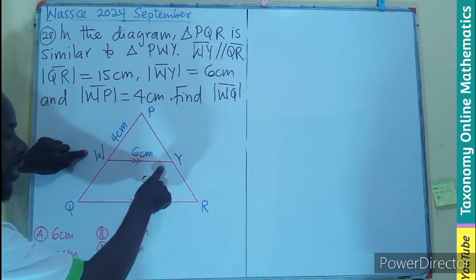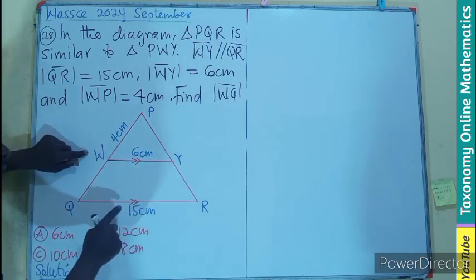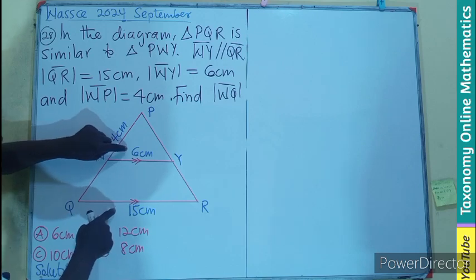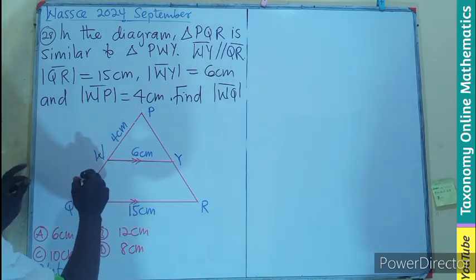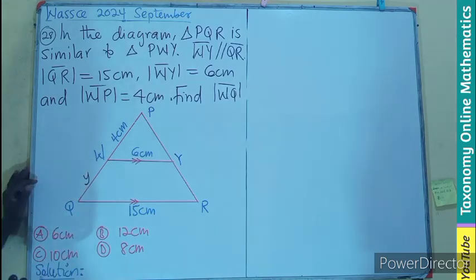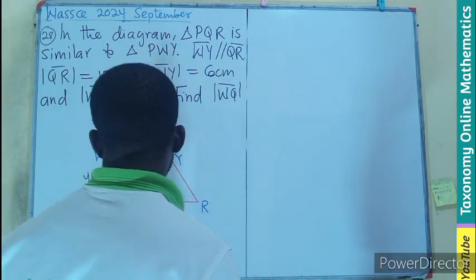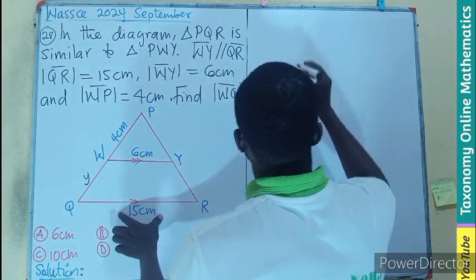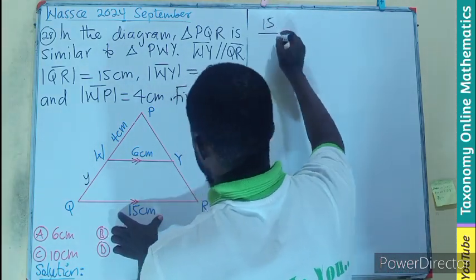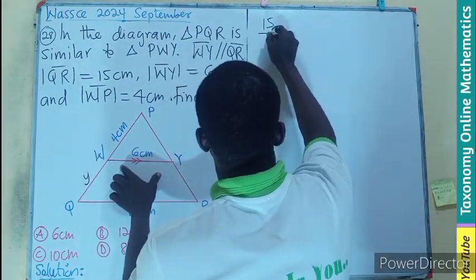The ratio of this will correspond to this, so these two can be used to form a ratio. We redraw this and label here as Y. Then, picking the bigger one, that is 15 divided by the horizontal side, which is 6.